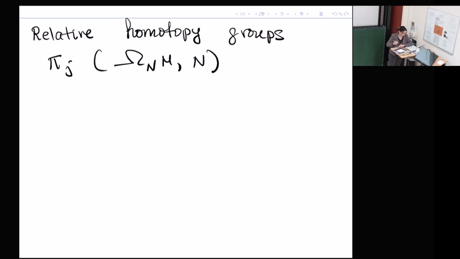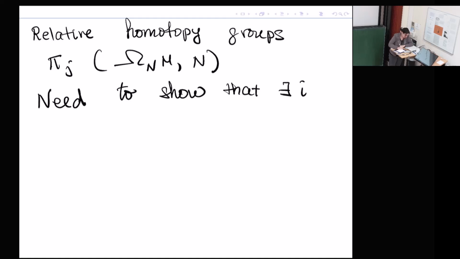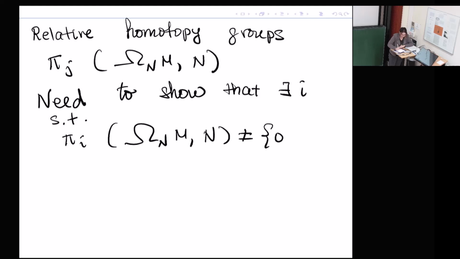Now we hope that we just need to show that there exists i such that this group is not trivial. Because if it's not trivial, then we can try and construct a minimal object, a critical point of the energy function on that space. And the critical point would be an orthogonal geodesic.